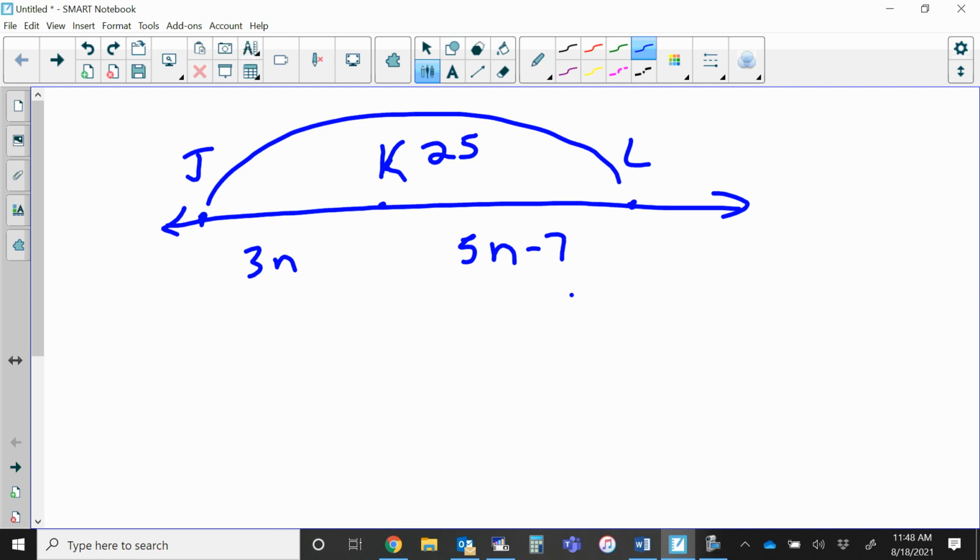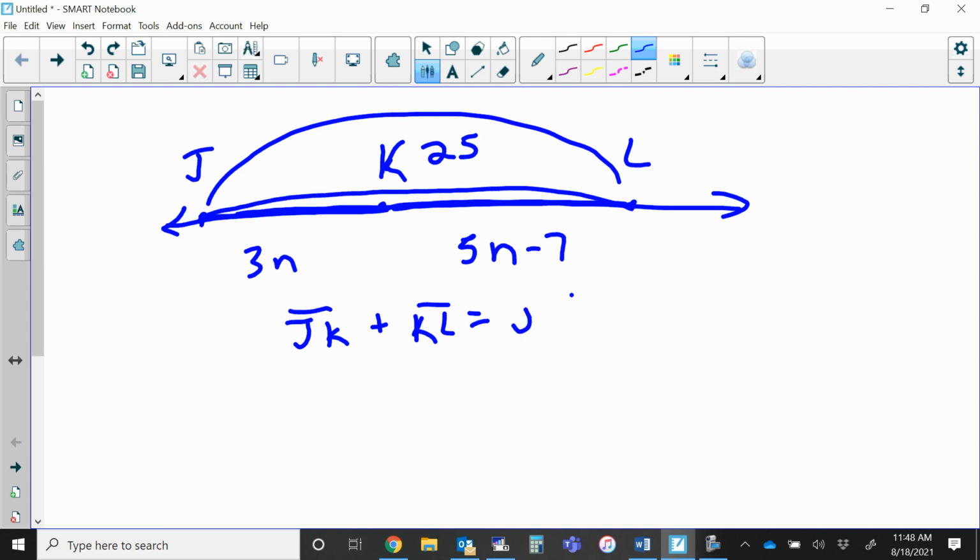If you take the piece JK, this is how I would organize this, that segment, and you add it to what? KL, this section right here. You would equal this whole section right here, which we would call JL. Does that make sense so far?